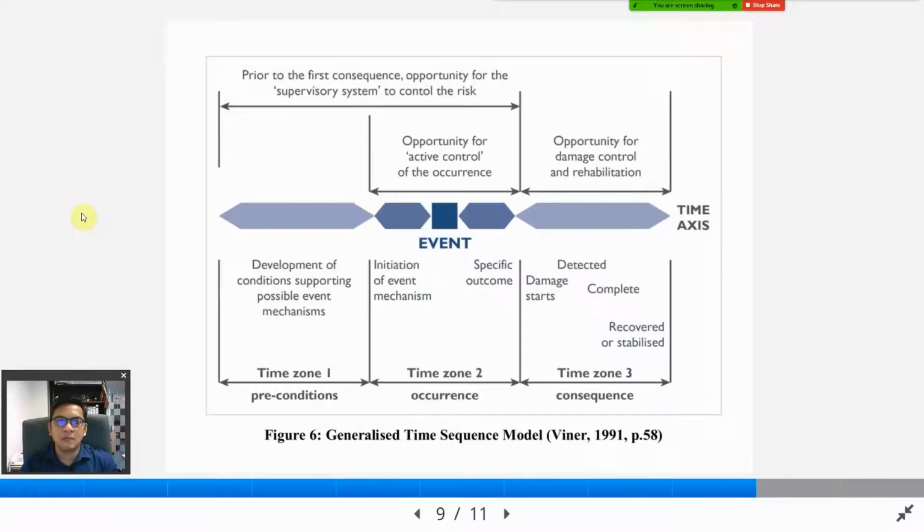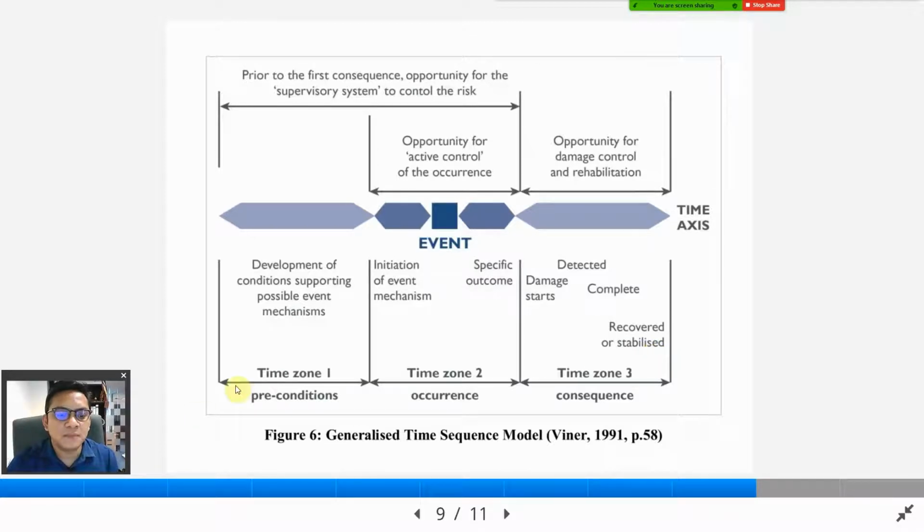There is no time sequence in energy damage. There is no time sequence in loss control model. But in this model, there is time sequence: what happened before, what happened during, what happened after. So the time zone is divided into three zones: time zone 1, time zone 2, and time zone 3.